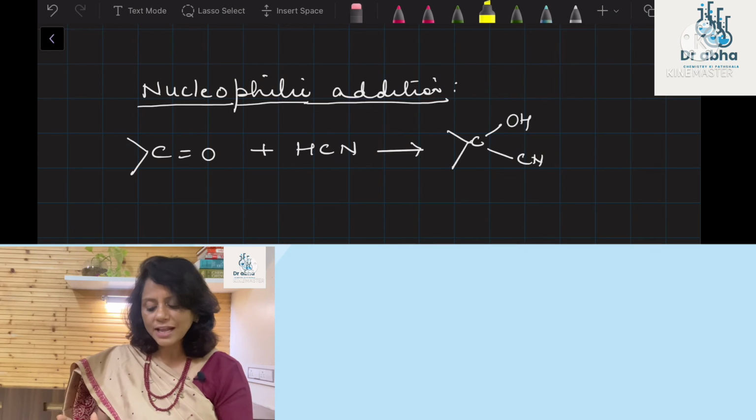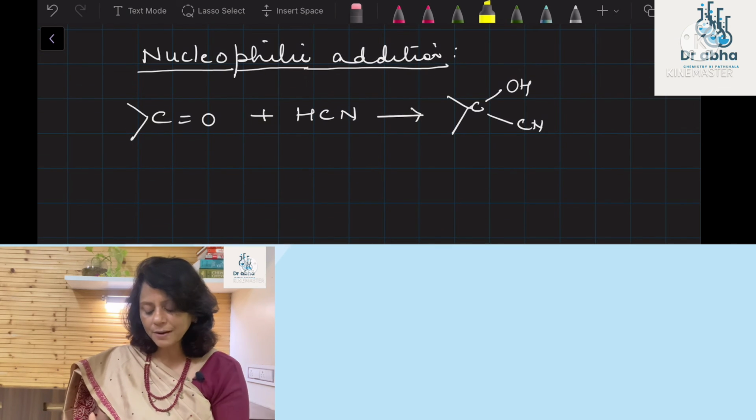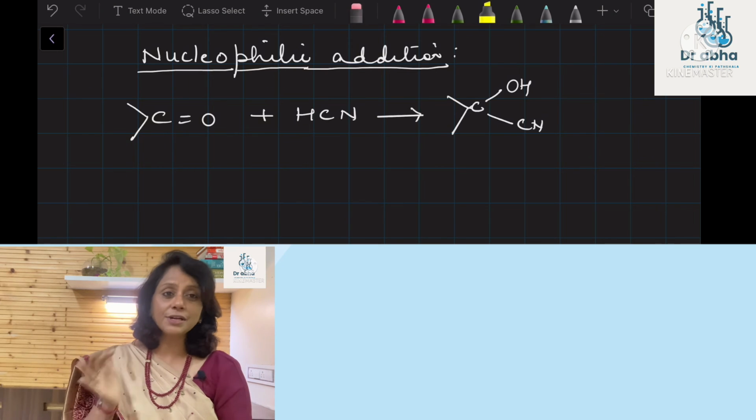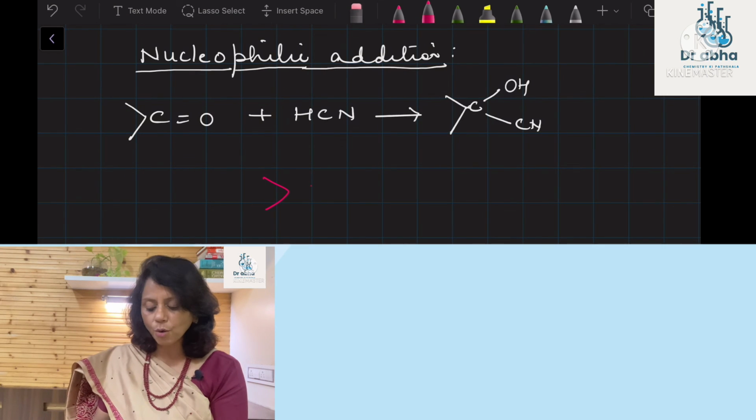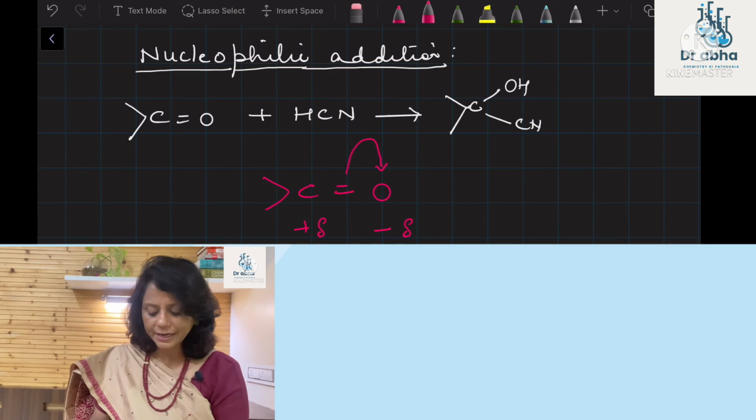Okay, so let's move on to the next type of addition, that is nucleophilic addition. Nucleophilic addition will be undergone by species like the one I have shown, right? What is happening in this is, if you look here, O gets a partial negative charge, C gets a partial positive charge, and in HCN there is a nucleophilic center and there is an electrophilic center.